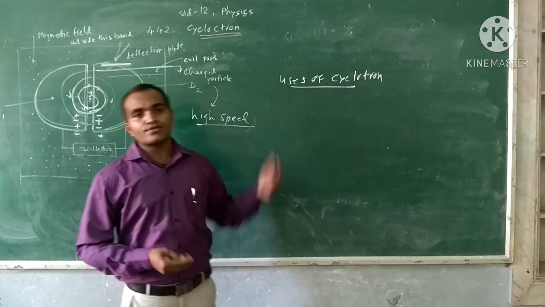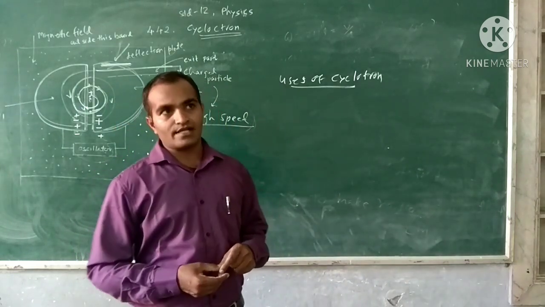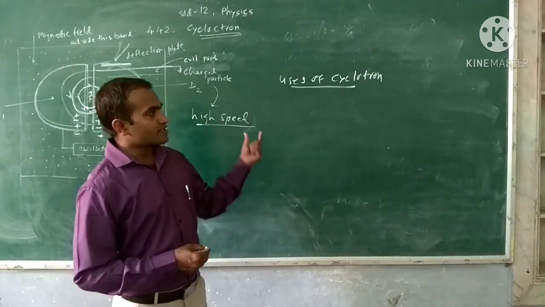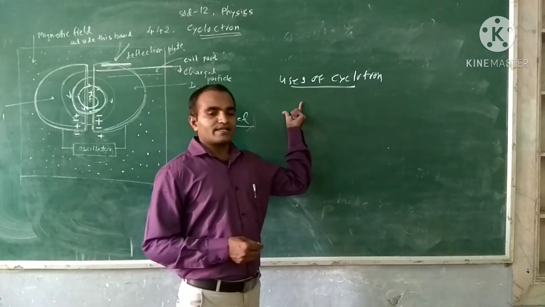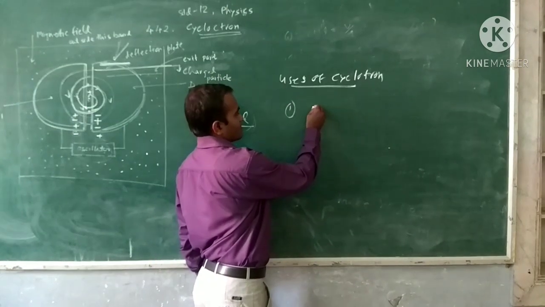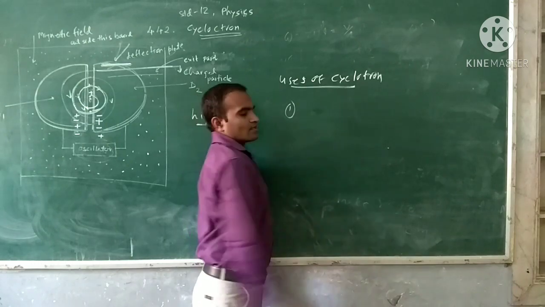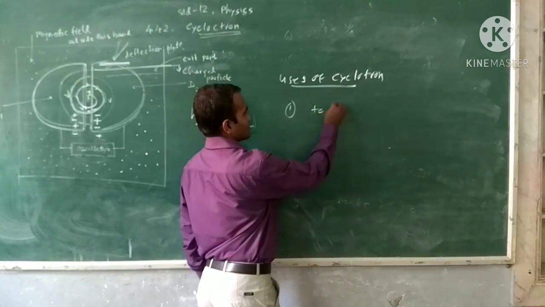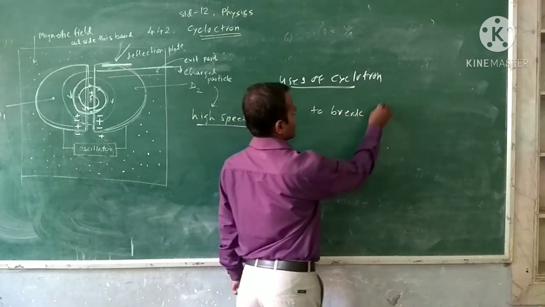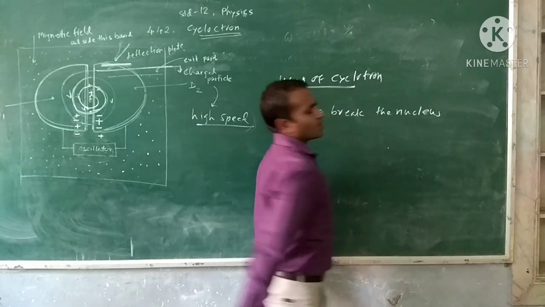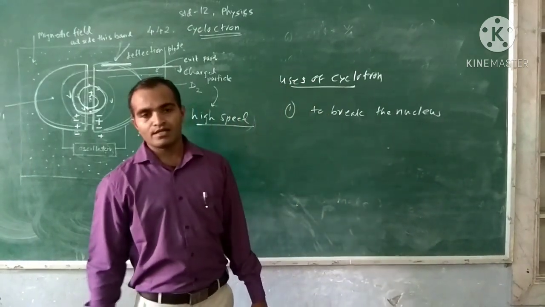So what is the use of this accelerated charged particle which has very large speed? This large speed charged particle is used to break the nucleus of any body, of any material.